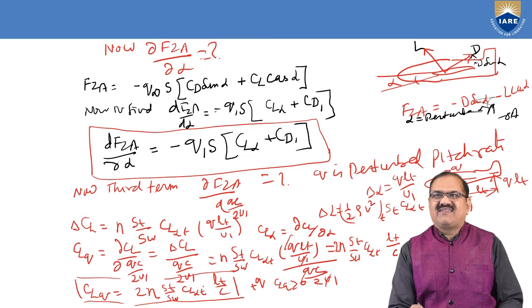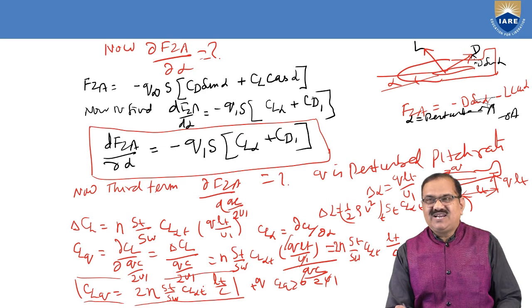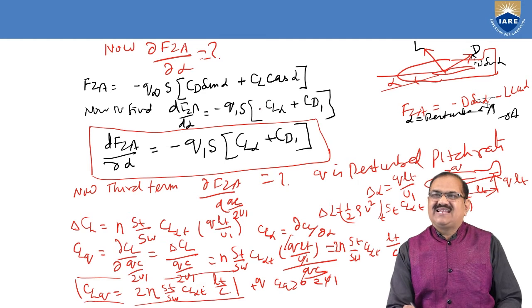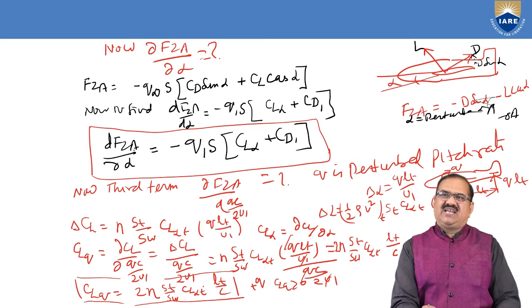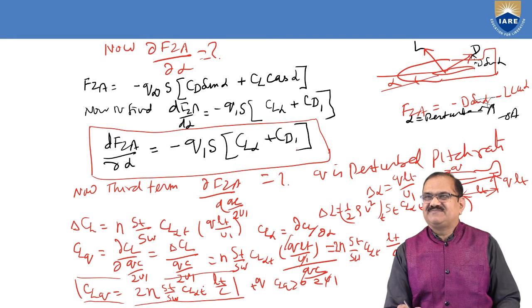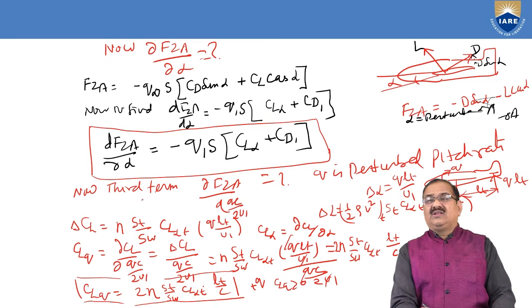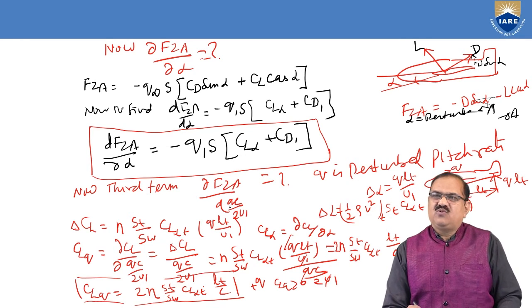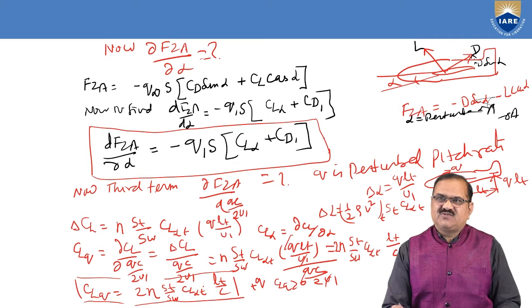Here CD1 is the coefficient of drag at steady state condition, and CLα is ∂CL/∂α. So ∂Fz/∂α is equal to minus q1 S (CLα plus CD1). Now the third term is ∂Fz/∂(qc/2u1).